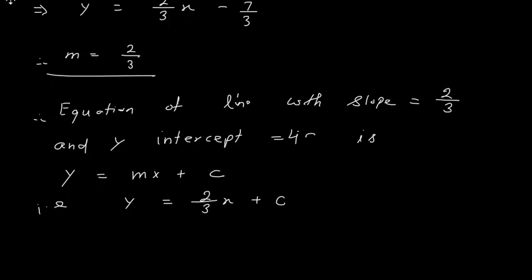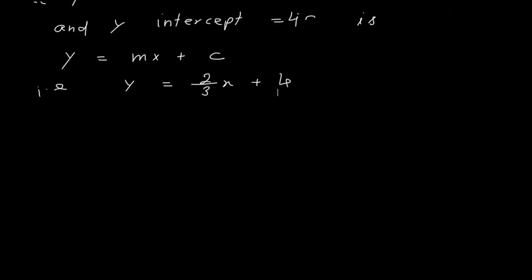The value of c is 4, so better I will write 4 here. Now we can multiply each term by 3, so that I can say 3y equal to 2x plus 4 times 3, which is 12.